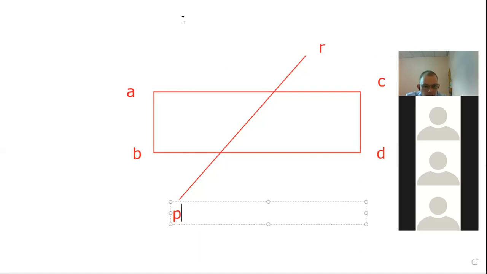So here we can say these two lines are parallel. AC and BD are parallel.